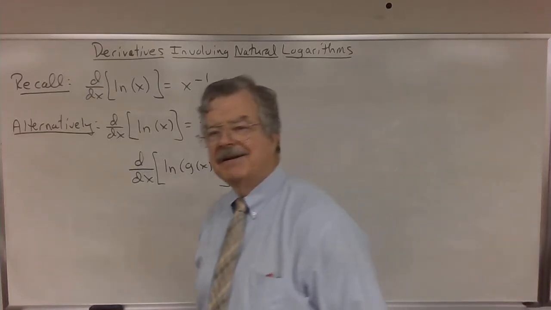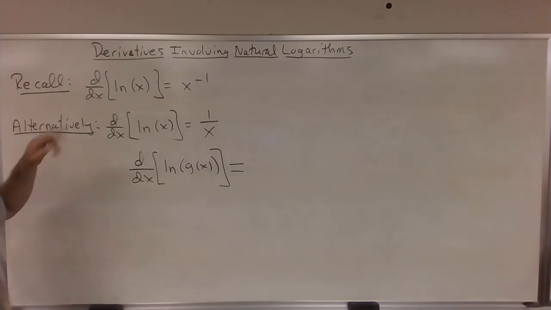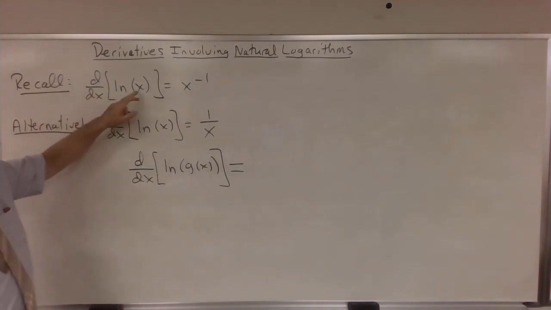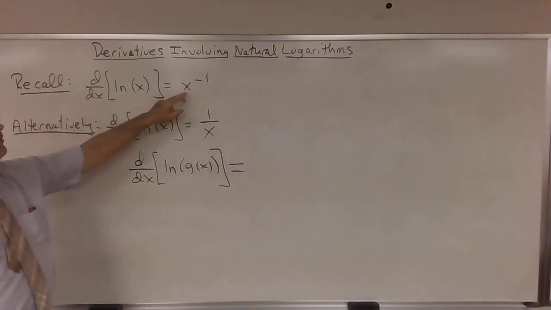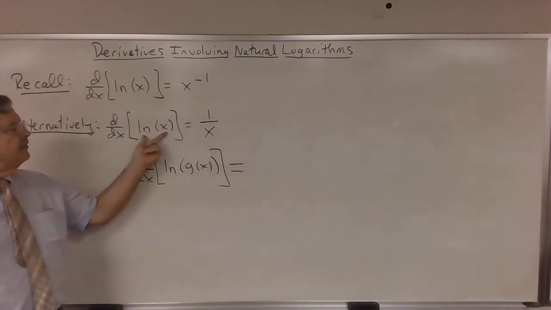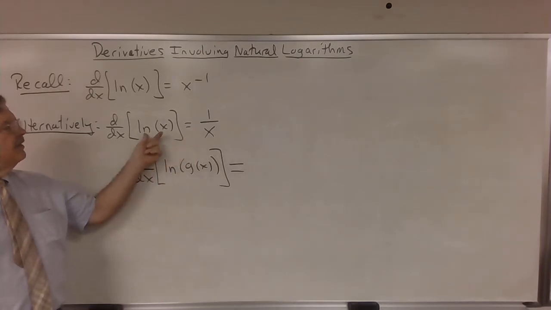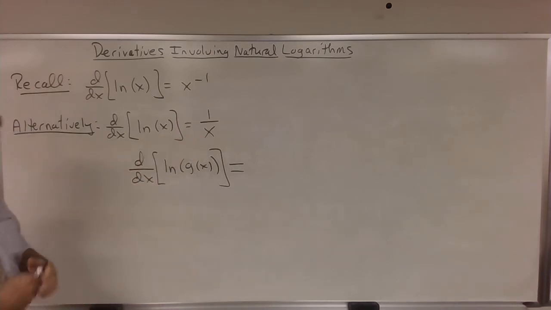We're back. Remember, the derivative of natural log of x is x to the -1. Very often we write it this way without using the negative exponents. Derivative of natural log of x is 1 over x.